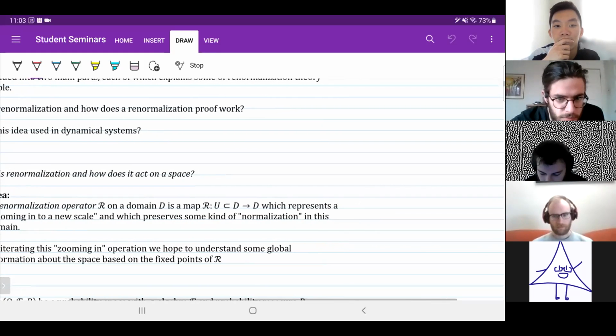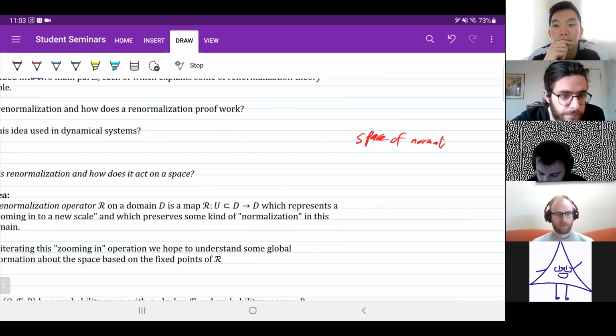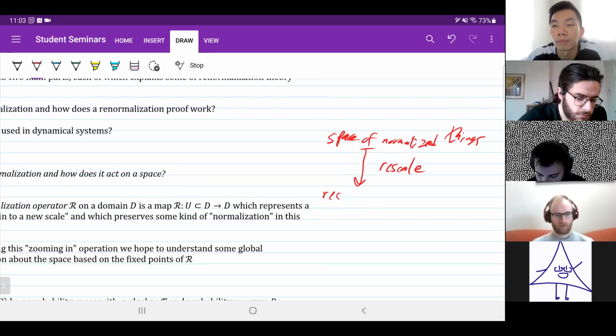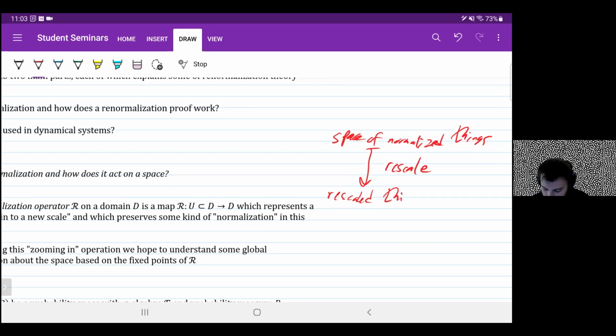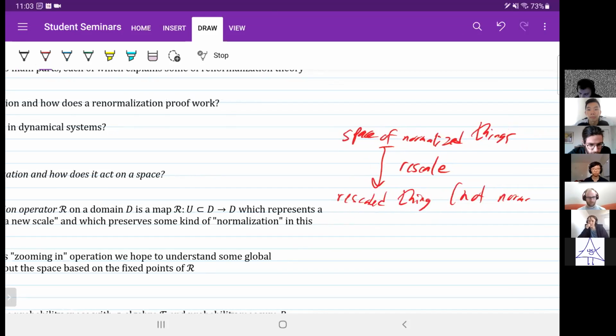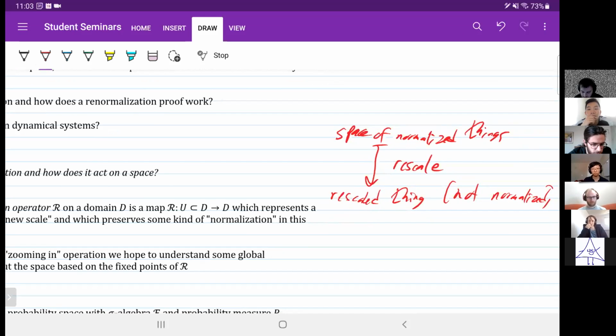And so in a broad sense, the idea is that we'll have some space of normalized things. We'll perform some kind of rescaling map, which will give us a rescaled thing. And this thing usually will not satisfy whatever normalization criteria we choose to impose. And so we'll apply a second operation, which is normalizing.